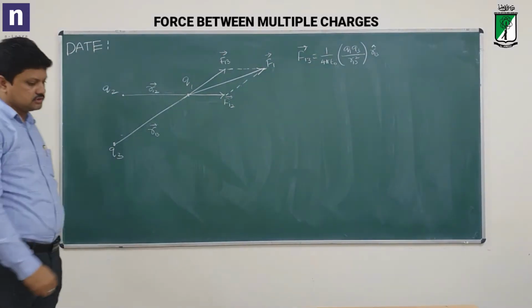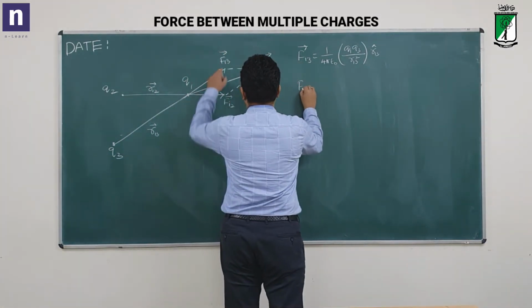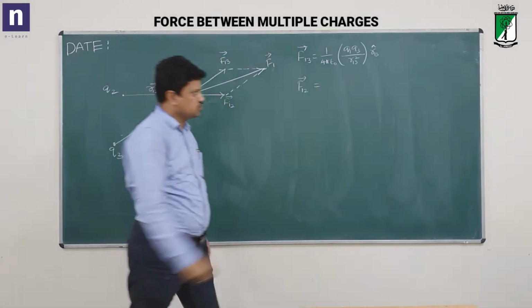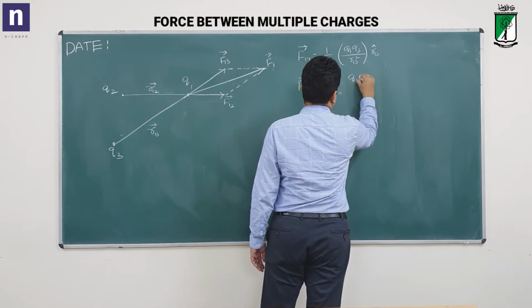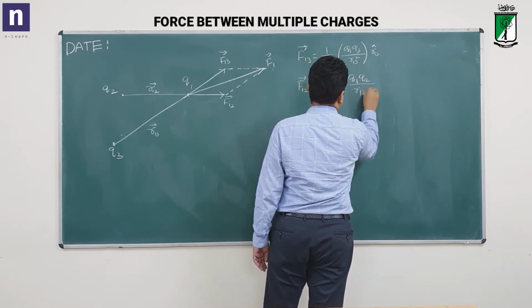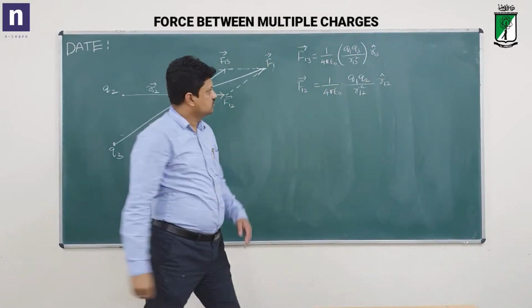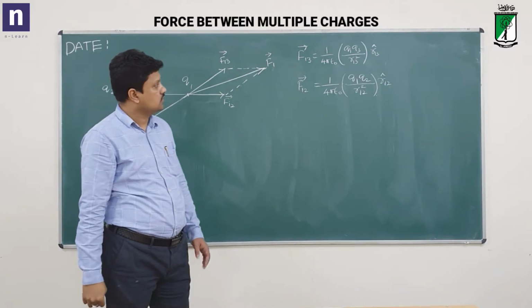This is the force. Same way F12, the force on charge 1 due to charge 2, that will also be 1 by 4 pi epsilon naught Q1 Q2 by R12 square R12 cap. So this is the force on 1 due to 2.